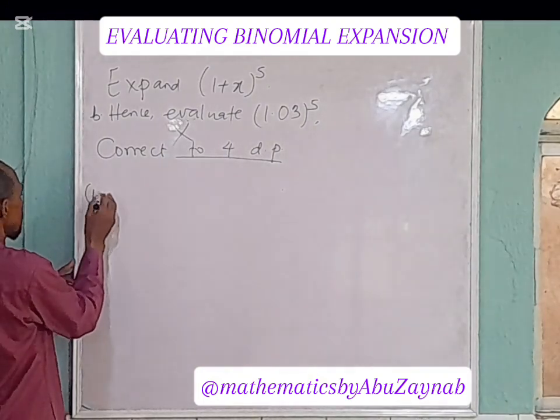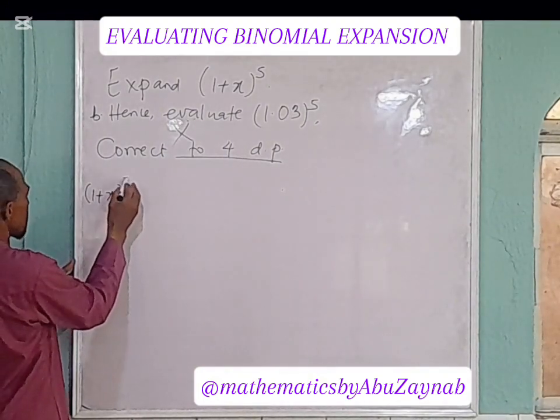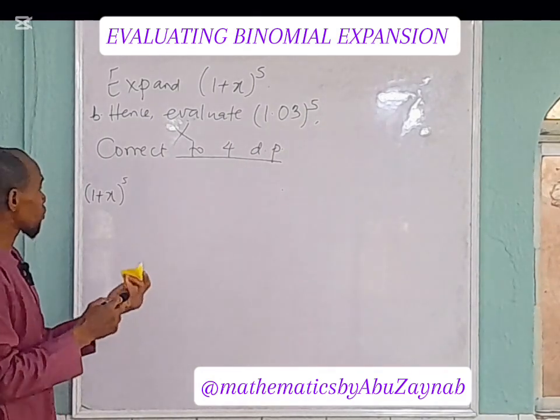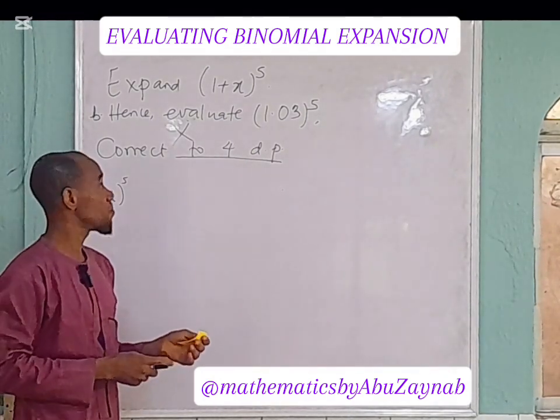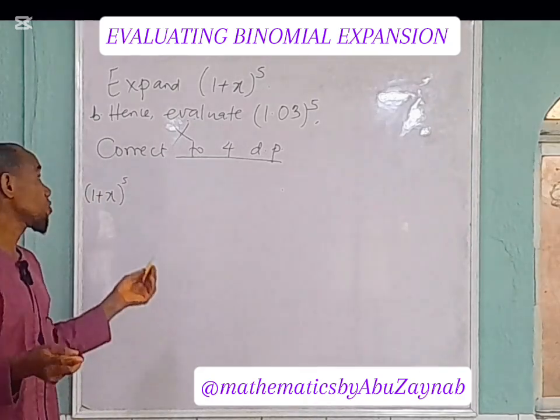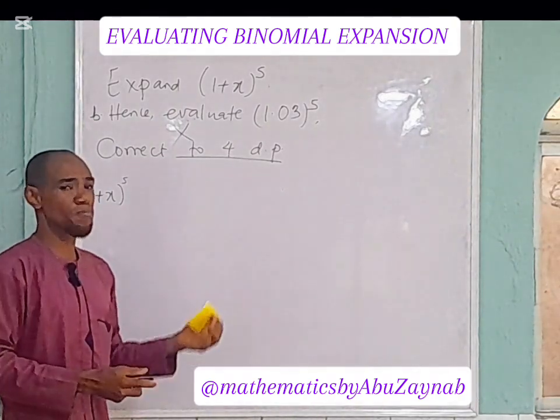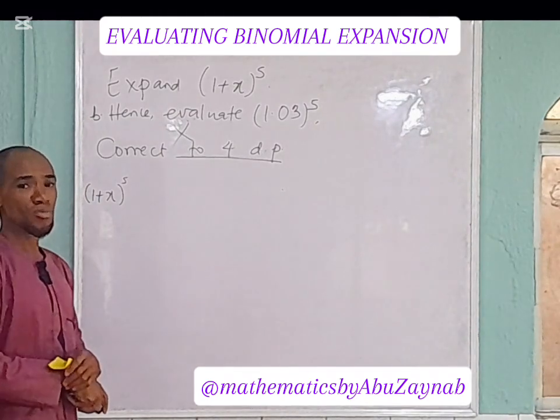We've got (1 + x) all to the power of 5. You can choose to either solve this question using the binomial expansion formula or using Pascal's triangle, as it has not been told here what exactly you must use.